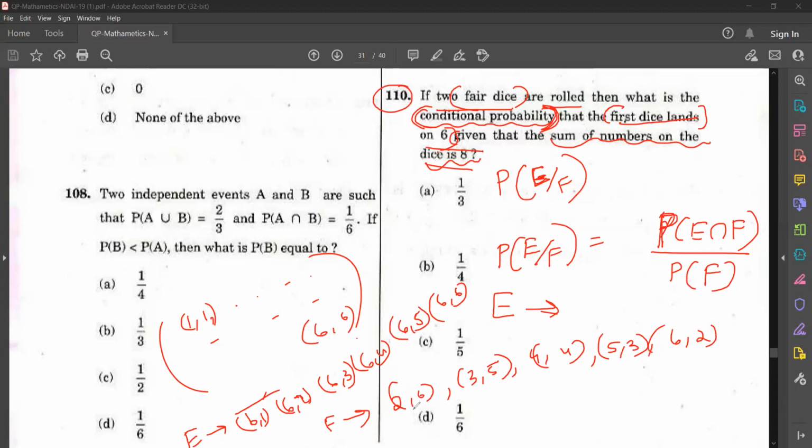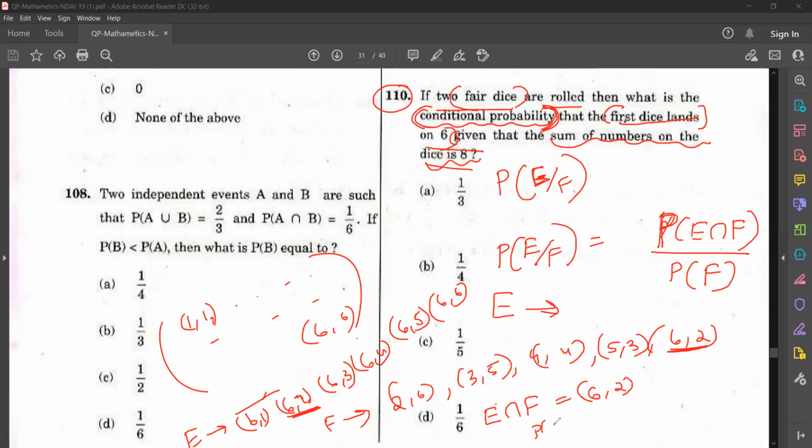These are the possibilities for F. E means the first number should be 6. So what is E intersection F? The common outcome is 6,2. So E intersection F is 6,2.